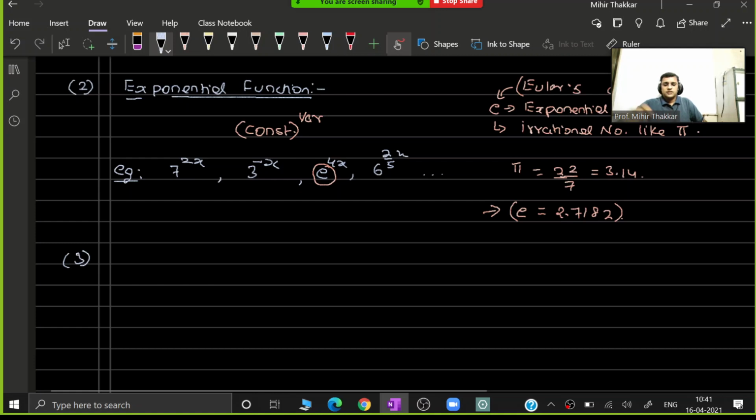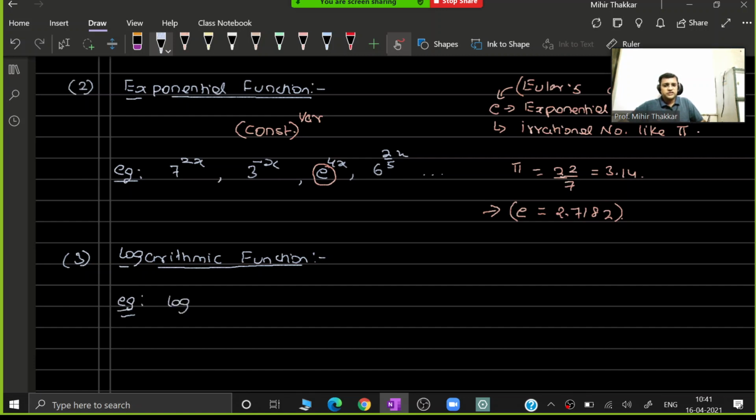Number three, the third one that we have in our syllabus is the logarithmic function. So now guys, what is a logarithmic function?